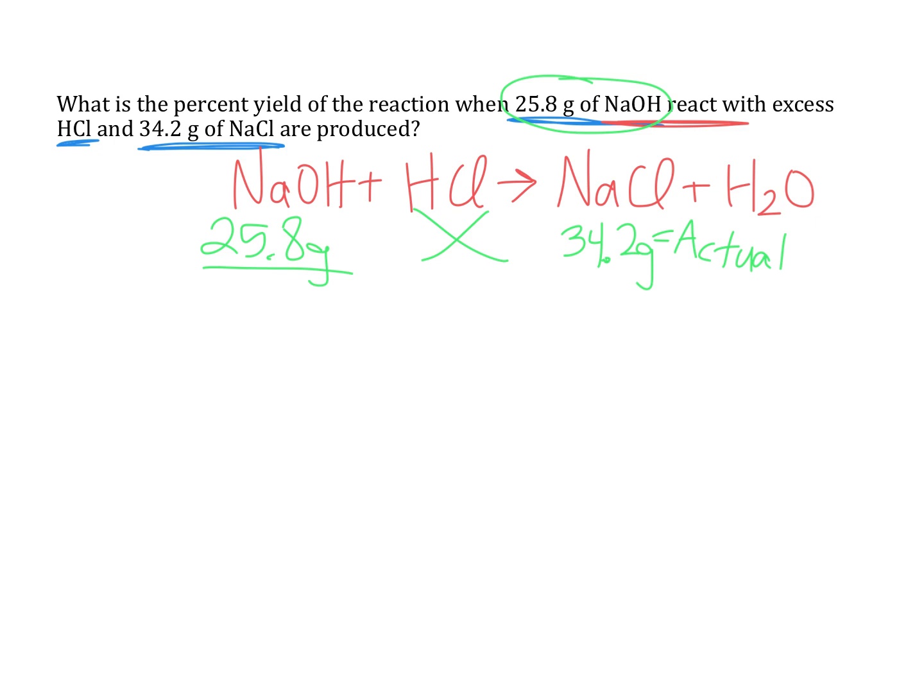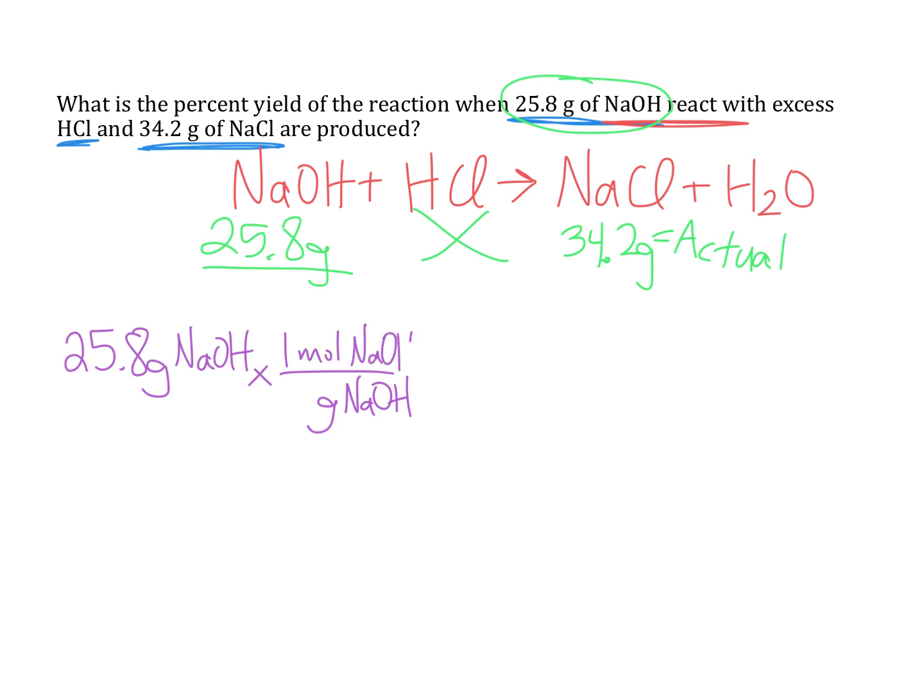So it starts with just a regular stoichiometry problem. 25.8 grams of NaOH, and we're going to change that to grams of NaCl by getting the molar mass of NaOH off the periodic table. That's 23 for the Na plus 16 plus 1 for the hydrogen is 40 grams of NaOH. Then we're going to convert NaOH to NaCl using the mole to mole from the balanced equation.